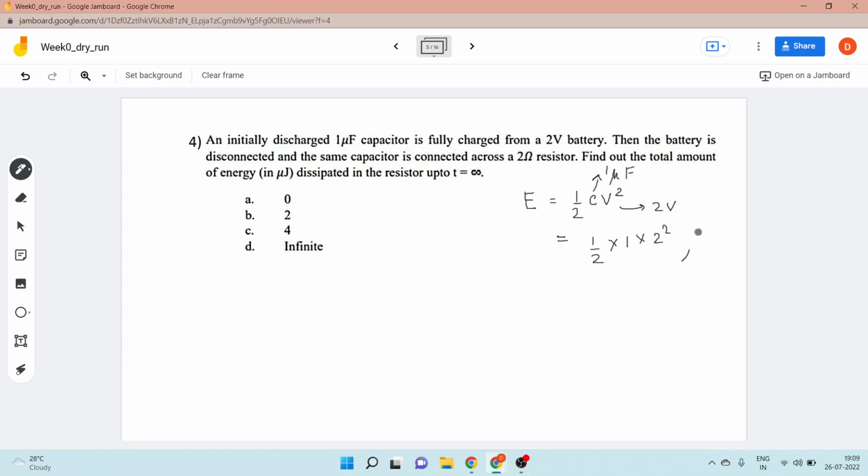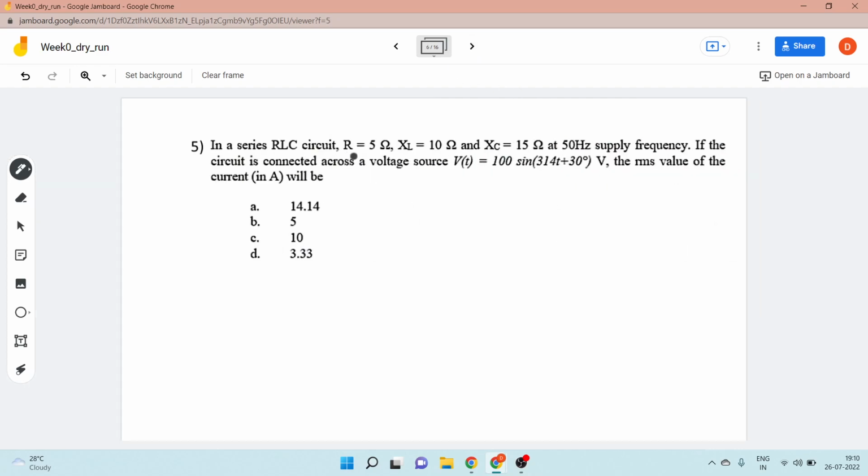Now this will be in microjoule because the capacitance is 1 microfarad, so it will be 10 to the power minus 6. We can write it directly as microjoule. So if we calculate this, it is 2 microjoule. Now since at time equal to infinity the entire capacitor has discharged through the 2 ohm resistor, the answer will be that this entire energy gets dissipated. So it will be option B, 2.